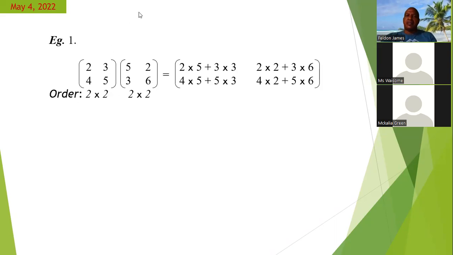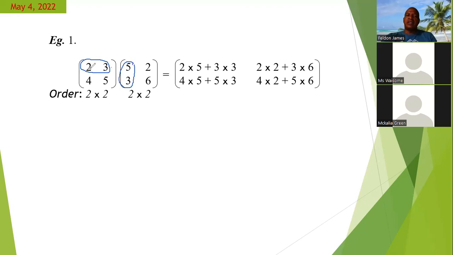Now, this is how it works. We are multiplying first row with first column. How do we multiply? We multiply first element with first element, second element with second element.